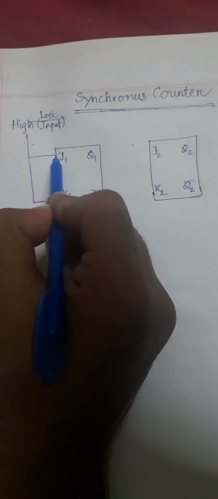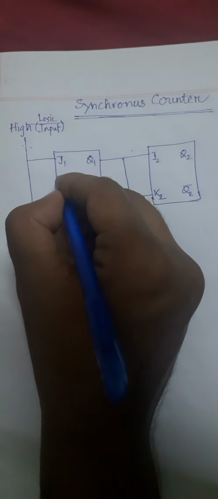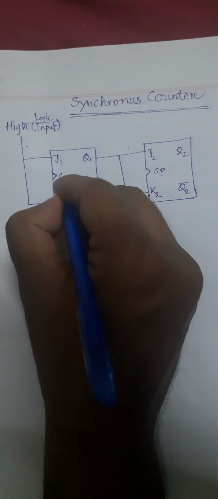And this line is connected like this, in this manner. This is a crucial point, and you need to remember this one. And in between, this is for clock pulse or CP.